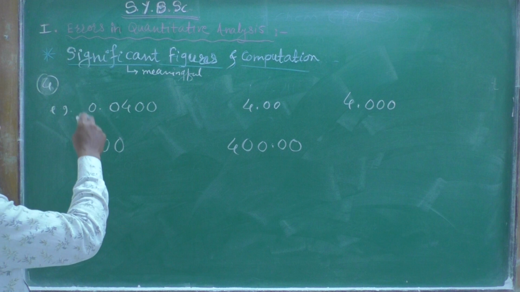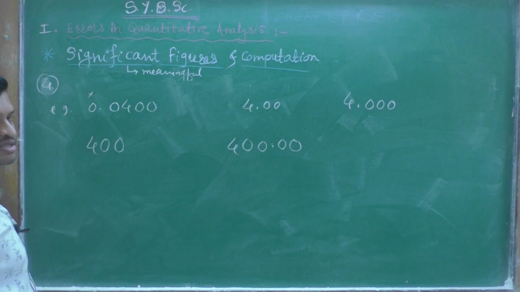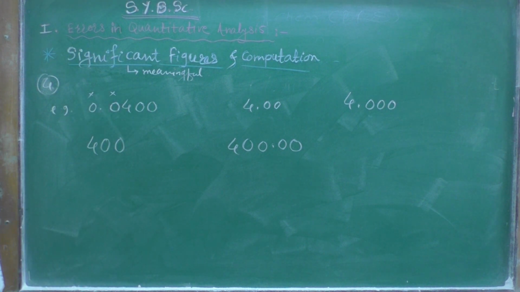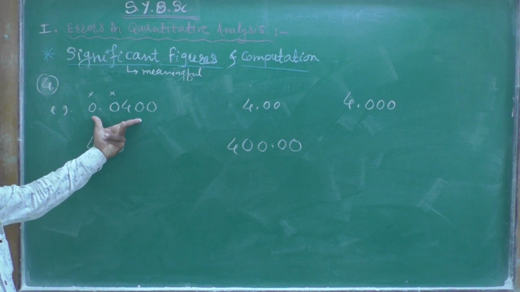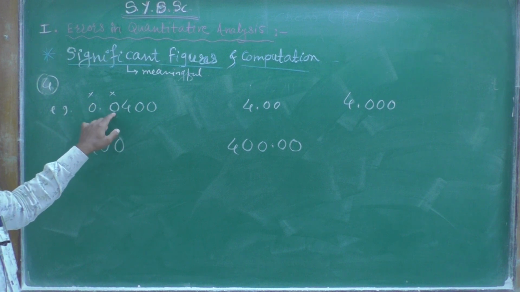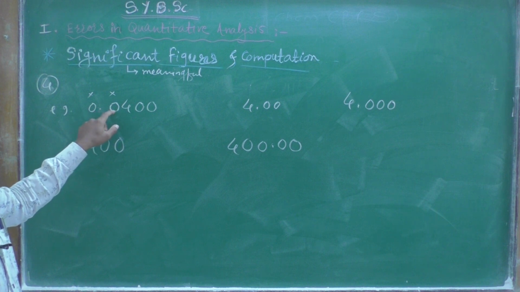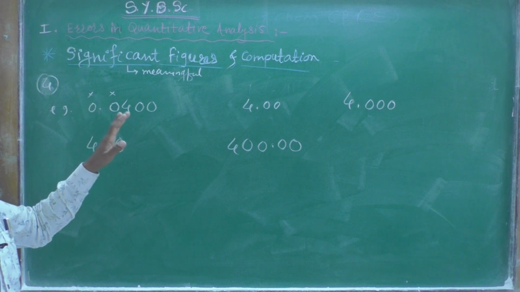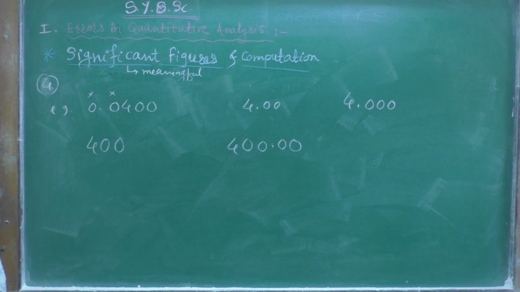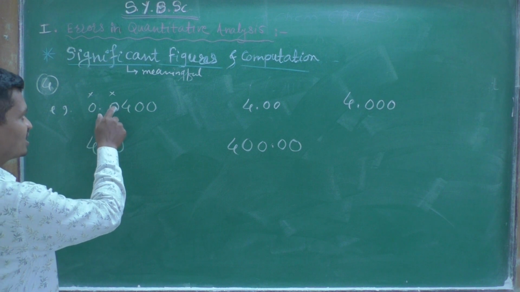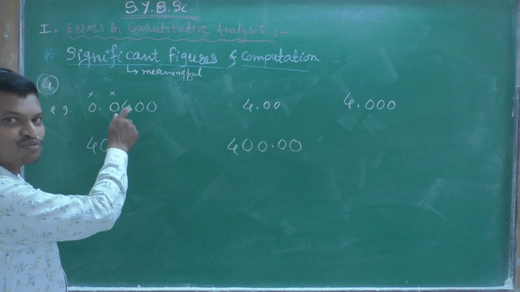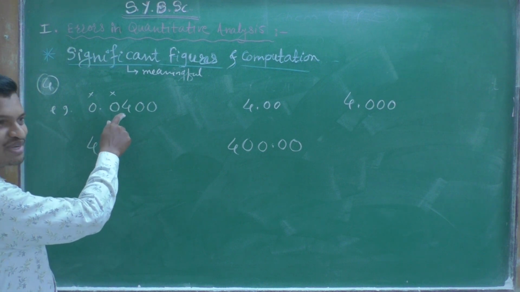As per the first rule, this 0 is non-significant. As per the second rule, this 0 is also non-significant, because this number is less than 1, and in numbers less than 1, the zeros immediately after the decimal point are not significant. But after these non-significant zeros, we have a non-zero number, that is 4.